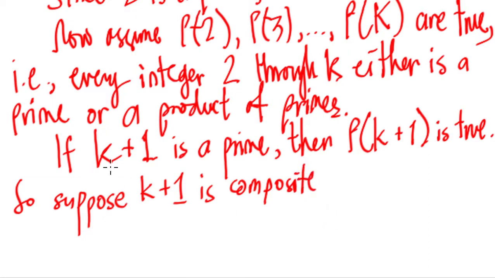Suppose k plus 1 is a prime, then P of k plus 1 is true. So suppose k plus 1 is composite.